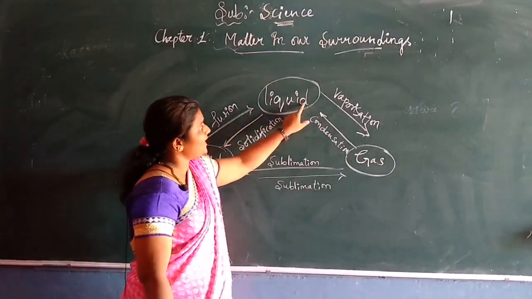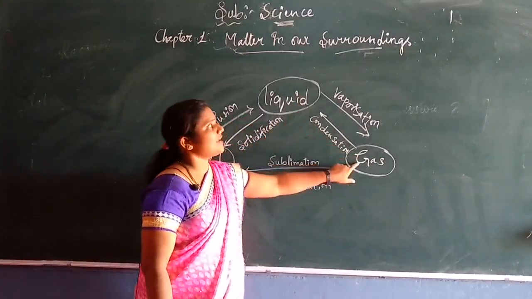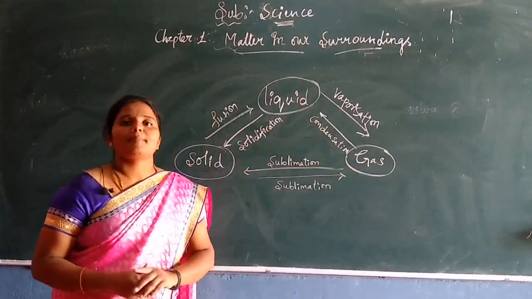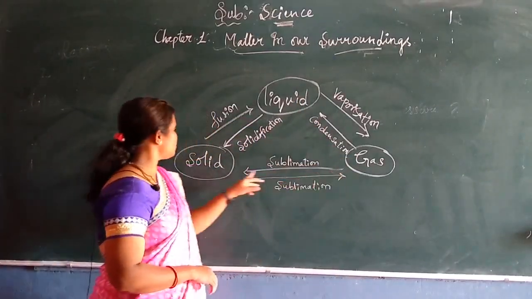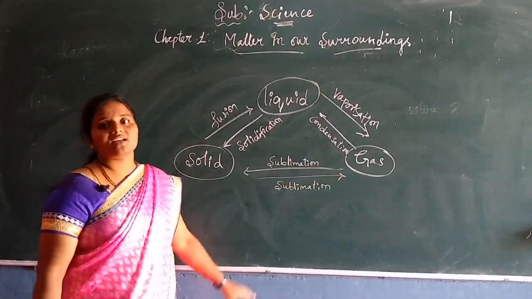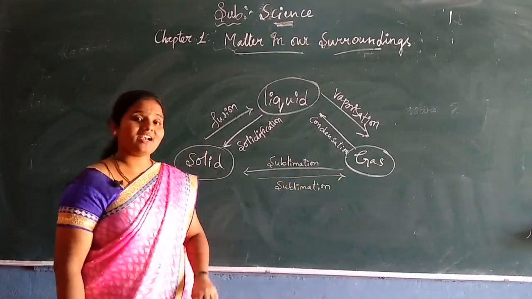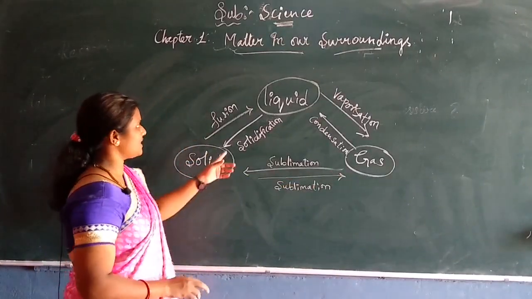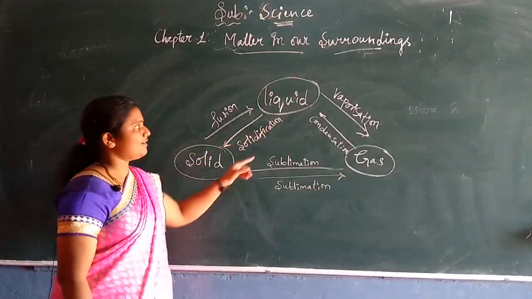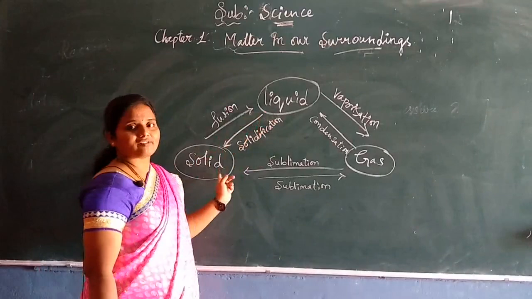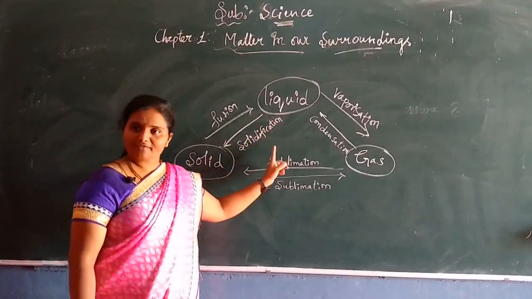Similarly, the liquid state gets converted into gas and it is called vaporization. Then gas to solid state is called sublimation. And also vice versa, children. The conversion of a liquid into solid, liquid state to solid state, is called solidification.